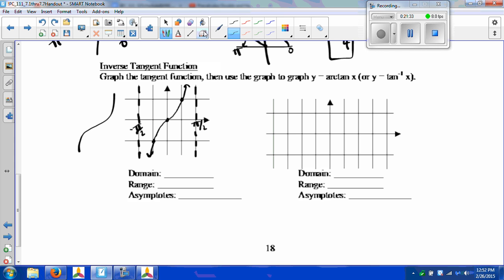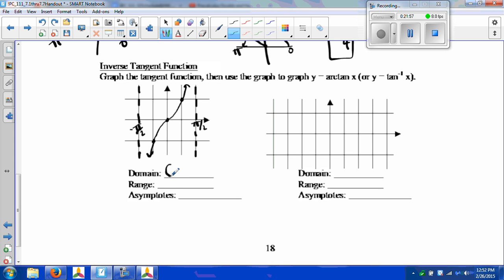We talked about that also, but we're not going to consider it, because if we repeated it, it would fail the horizontal line test, not the vertical one. It would fail the horizontal line test if we did one over here and forever and ever. It would infinitely fail the horizontal line test. So we're just going to think about one period of the tangent function.